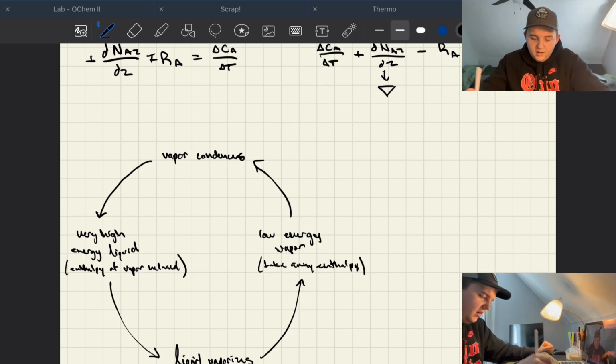The enthalpy will take the same amount of energy to vaporize a liquid as it will take a vapor to condense to a liquid.